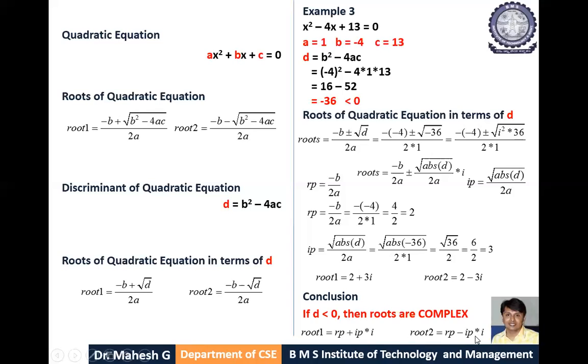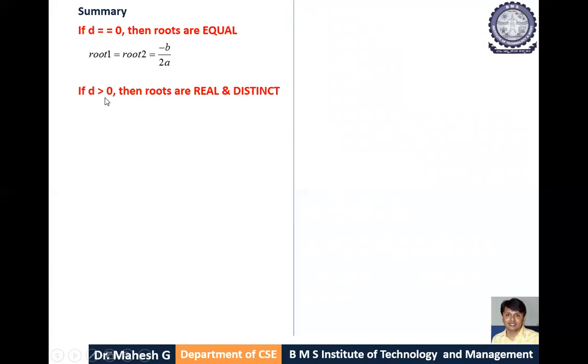Summarizing the discussions we had with the three examples, if discriminant is equal to 0, then the roots are equal, and root 1 is equal to root 2, that is equal to minus b by 2a. If discriminant is greater than 0, then the roots are real and distinct. In this case, root 1 is equal to minus b plus square root of d divided by 2a, root 2 is equal to minus b minus square root of d divided by 2a.